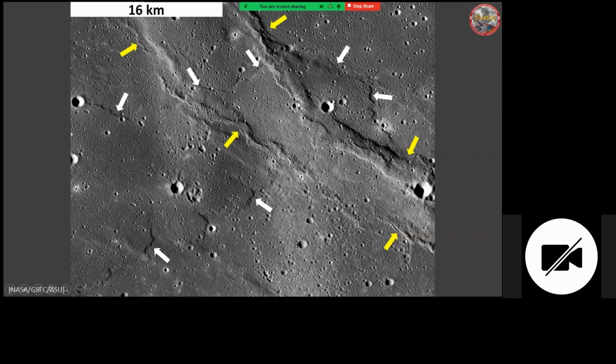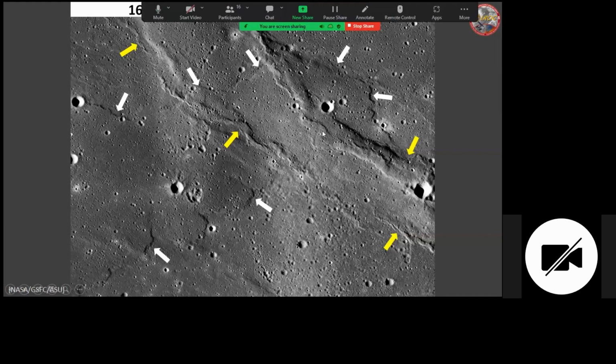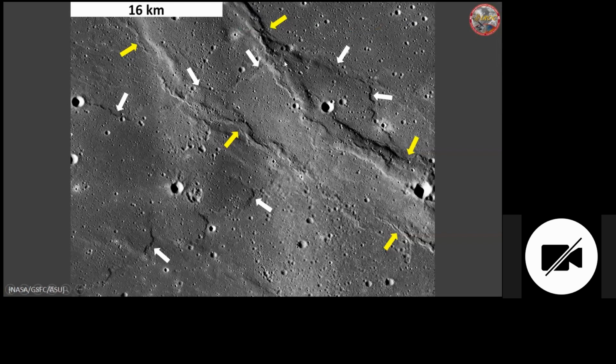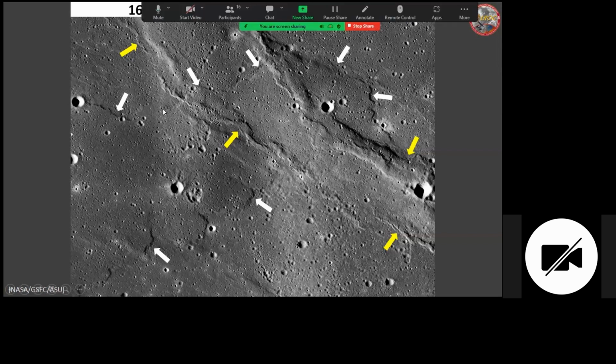The wrinkle ridge goes in a northwest-southeast orientation, where the flow fronts are moving in a northeast direction. The white arrows essentially point to those flow fronts. So you see that these flow fronts are obviously being uplifted. They are not altering the topography of those wrinkle ridges whatsoever.